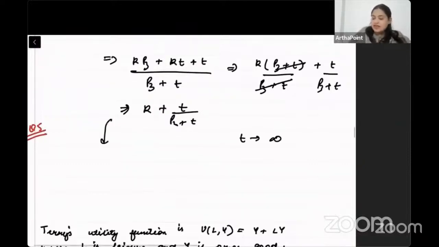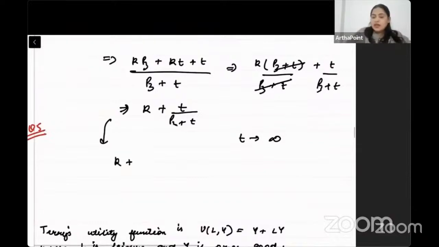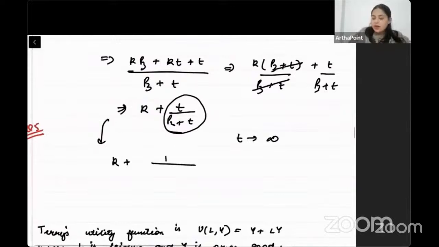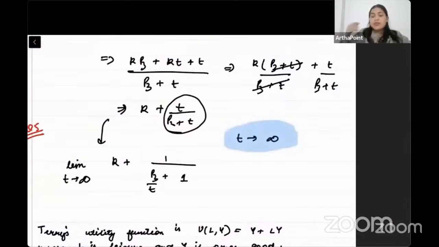So beta, can I say that this will be K plus, I'm going to divide this throughout by T. So this will be (K plus 1) upon (P3 by T plus 1). And I want to take its limit as T tends to infinity. I am taking as high a transaction cost as possible. I want to check what happens when the transaction cost is very high.